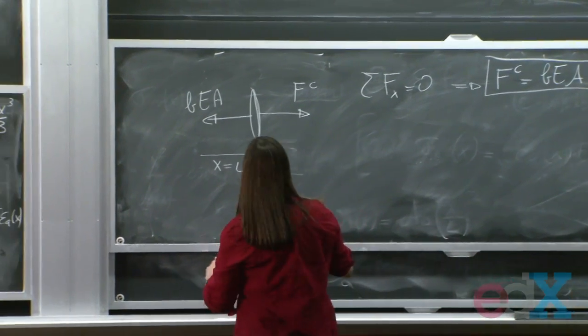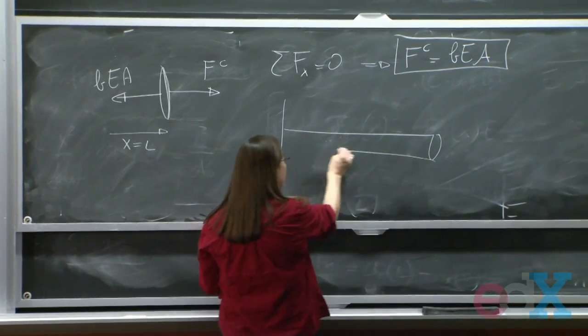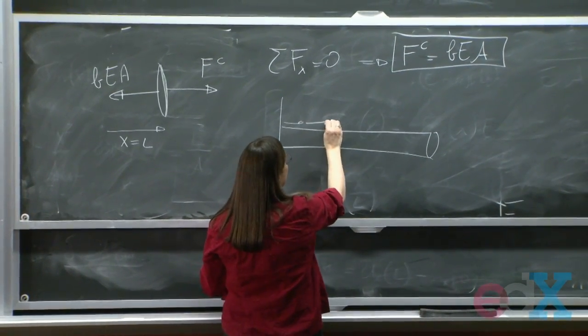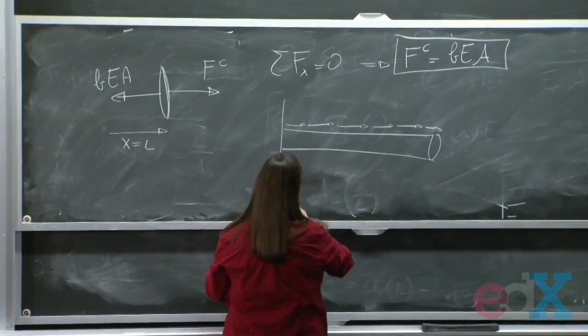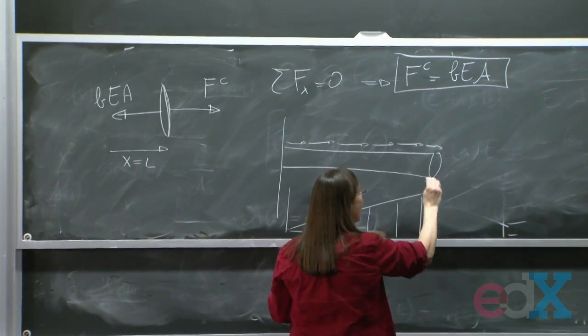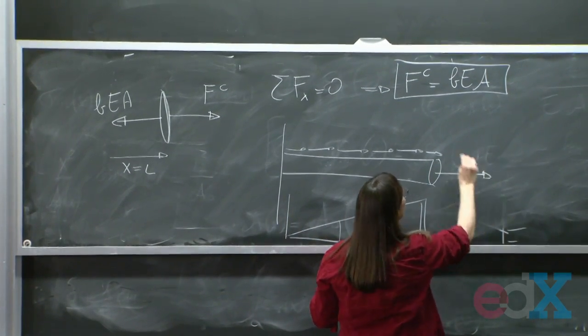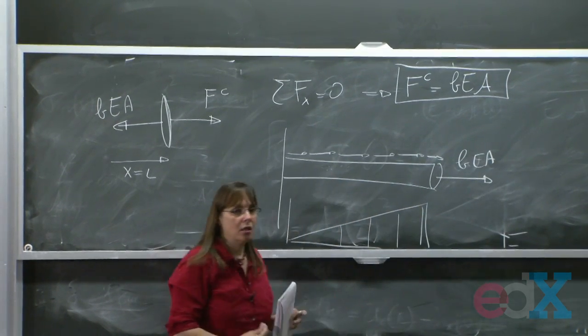So my final destination is that my axial loading on this bar was a distributed force that is linear, like the diagram shows, plus a concentrated load BEA at the end. Yes?